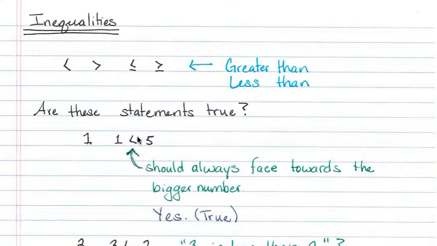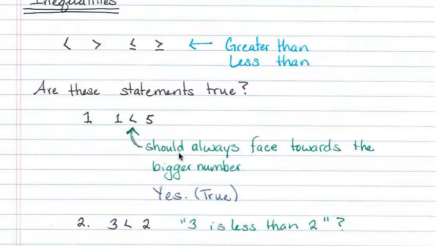So in this case, you can see it is open towards the bigger number. 5 is bigger than 1. 1 is less than 5, or 5 is greater than 1. You can read it either direction. So in this case, yes, that is true. 1 is less than 5. So basically, this one is facing towards the bigger number.